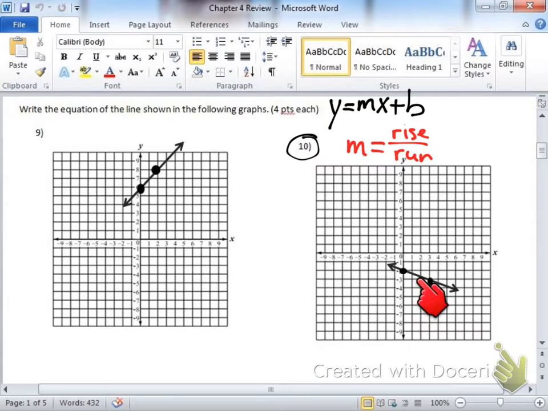So from this point to this point, it looks like you're going down 1, so my rise would be -1, and you're going right 3. So -1 over 3. And then b is just where it touches the y-axis, so it's touching the y-axis at -2.